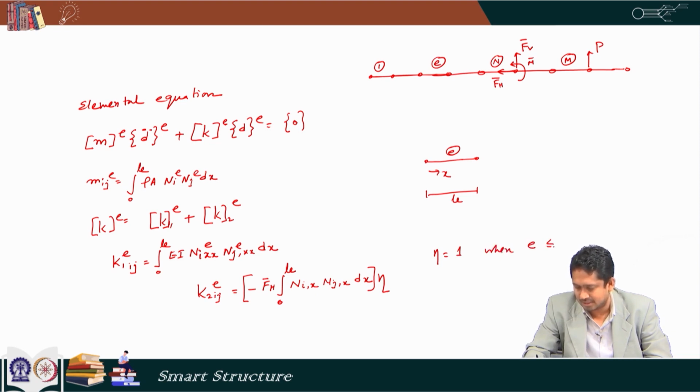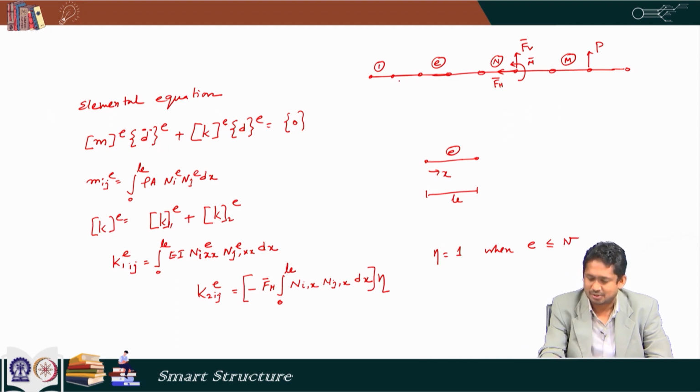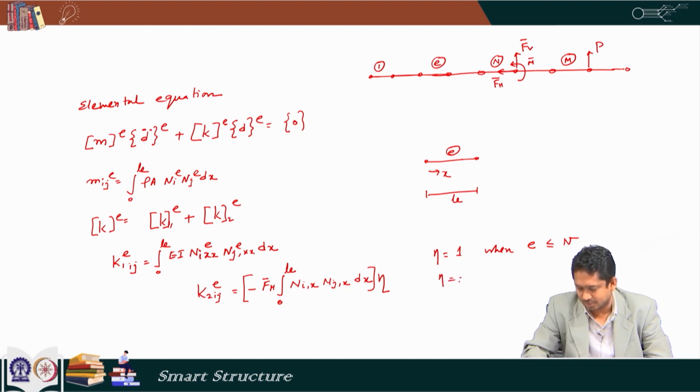when E is less than or equal to n. That means, any element where the element number is less than or equal to n, which means any element which lies between x equal to 0 to L A, has eta equal to 1. That means this quantity is as defined, otherwise eta equal to 0 when E is greater than n.